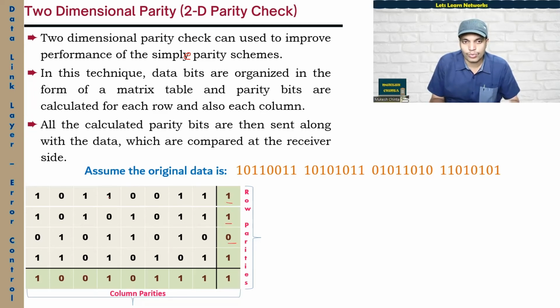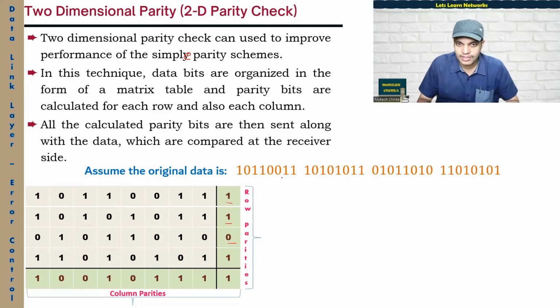So 1, 2, 3, 4, 5, there are 5 ones, which is an odd number, so I added one more as a parity bit. These are the row parities, and along with them I am also calculating the column parities, just like in the LRC method. So the VRC and LRC methods combined give you a two-dimensional parity check.